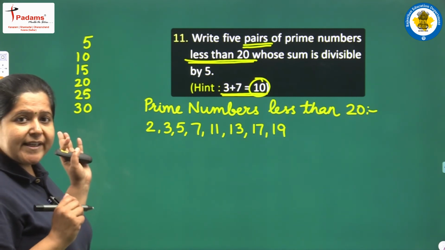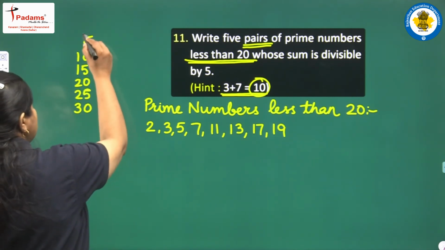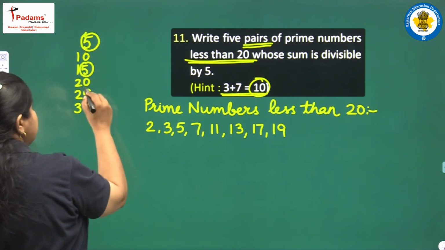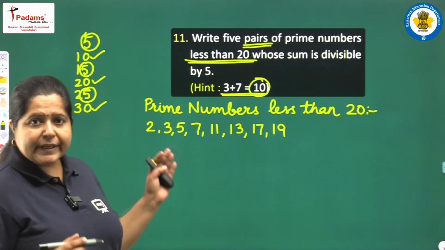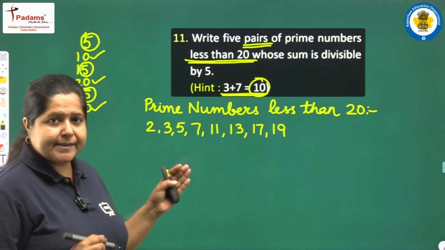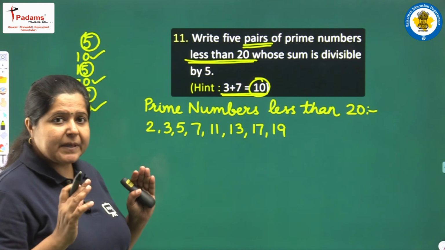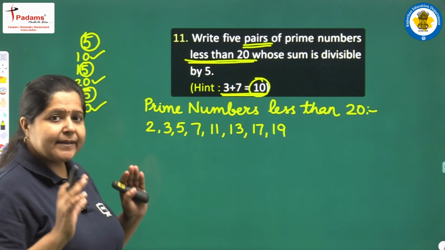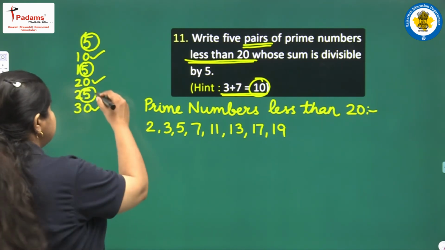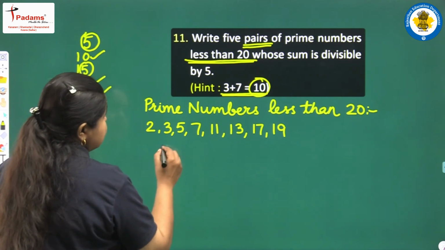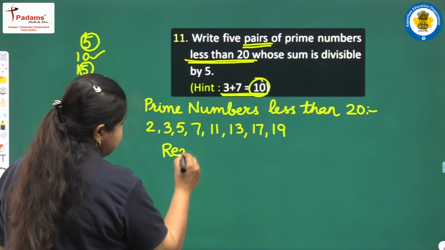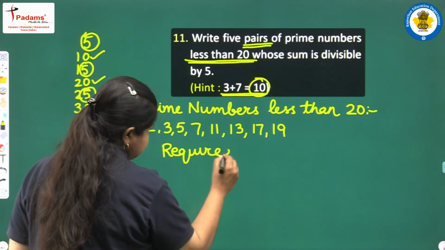And what is special here is that the digit at one's place is either 5 or 0. So, whenever we will be taking up two numbers, the digits at the ones place should end up at a 0 or at 5. Okay? So, we take up the first pair. Required pairs, we can write in this way.